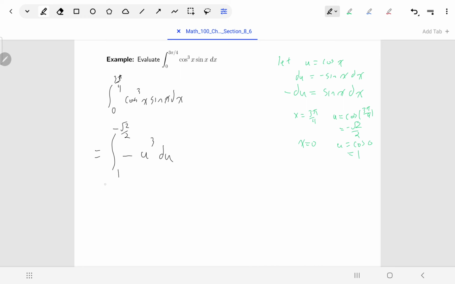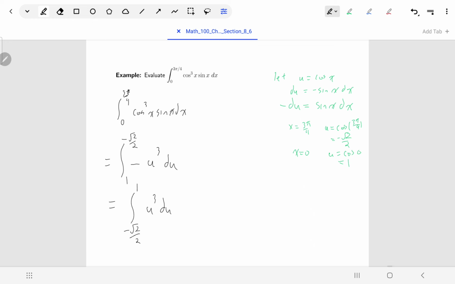If I want to switch things and have it switched from top to bottom, of course, that just changes the sign of my integrand. So right now, my integrand was negative u cubed, so I can change it to a positive u cubed and switch my limits of integration.